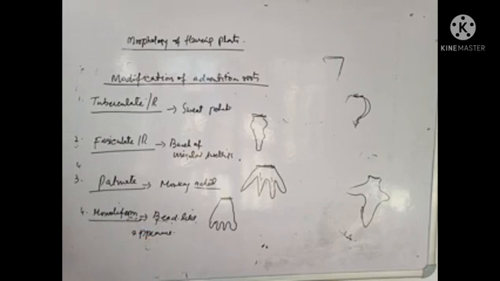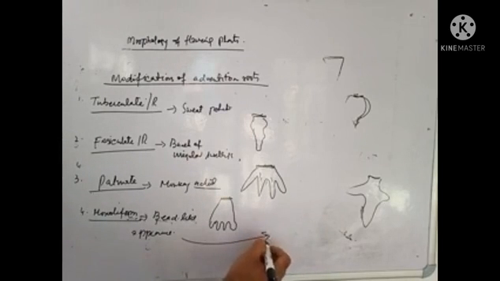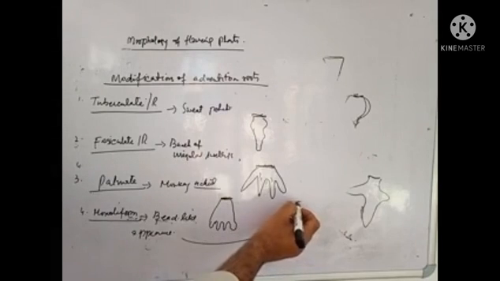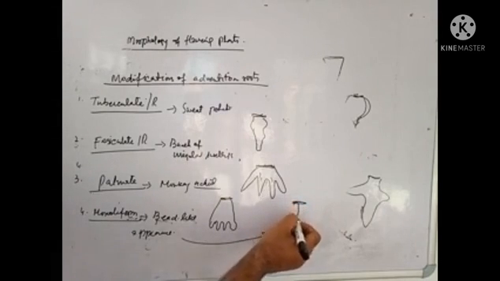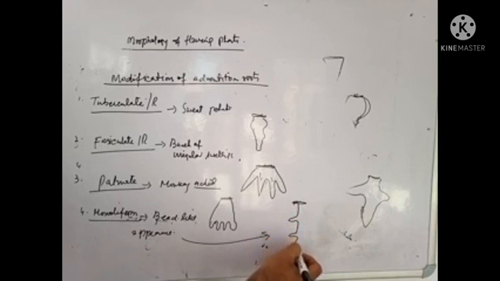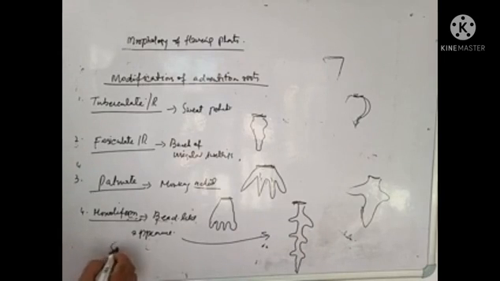When there is a bead-like appearance, it is called moniliform. We will draw the structure here. It has a beaded appearance and is found in spinach.